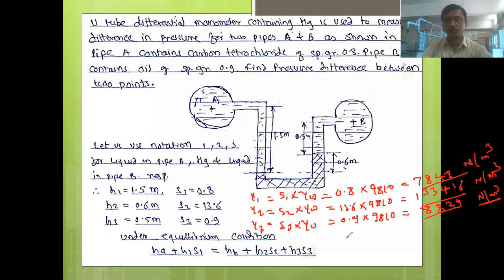Now use the formula. PA minus PB is equal to, what is our formula? Gamma 2 H2 plus gamma 3 H3 minus gamma 1 H1. Put the values and find the answer.